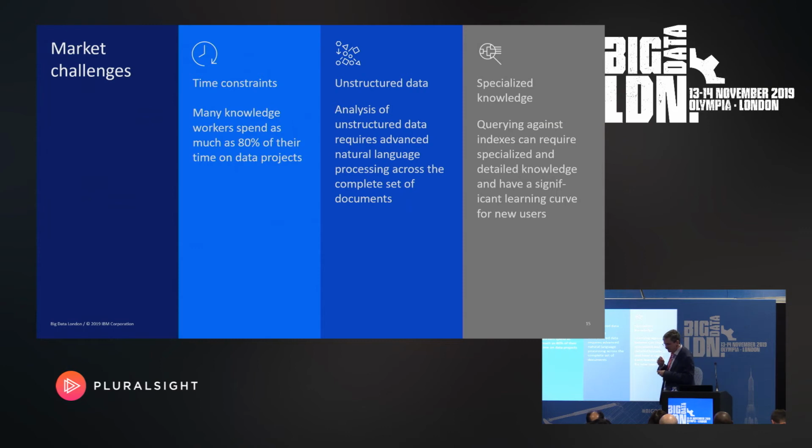And in particular, what you want is the subject matter experts, the people in your organization who really have that knowledge in their heads. You want to be able to take that knowledge from their heads and infuse it into the way that your systems understand the text that they're seeing.